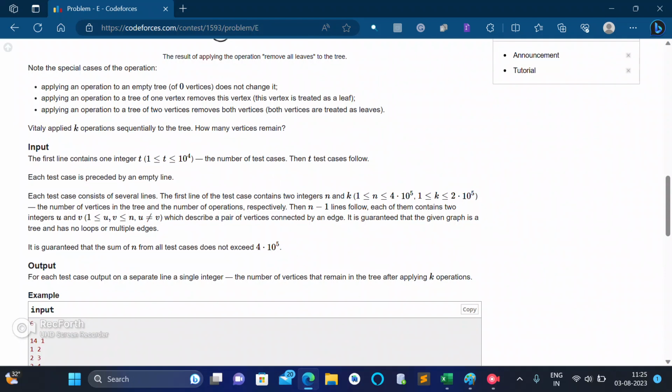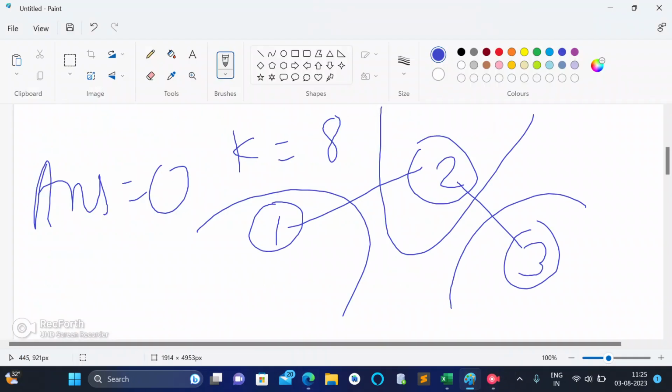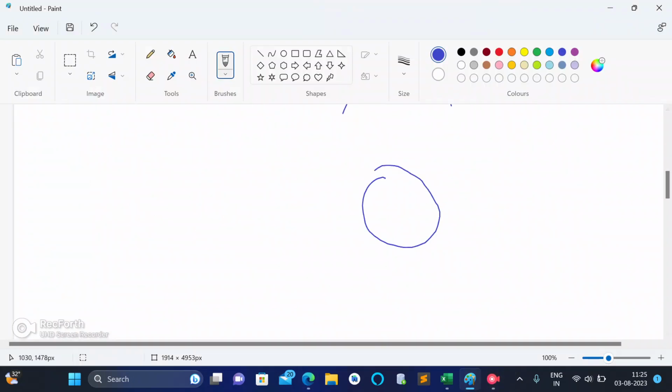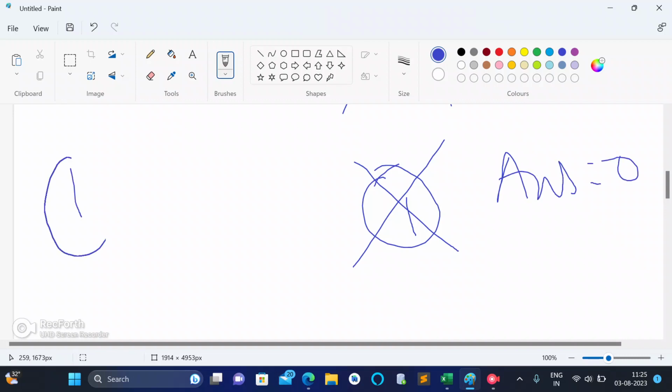The second special case is applying an operation to a tree of one vertex. If only one vertex is given to us in the tree, suppose the vertex is 1, then in one operation we can remove this vertex and the answer is 0.